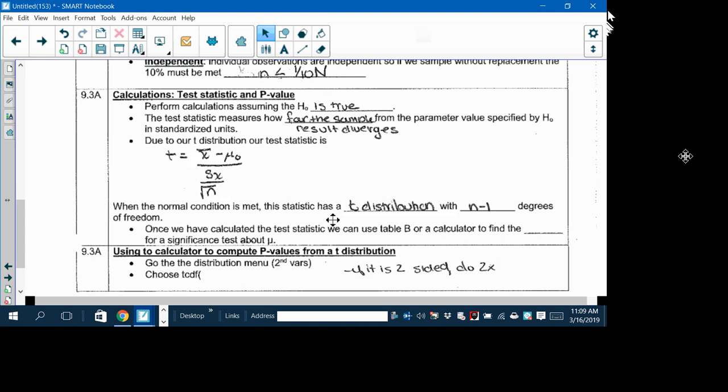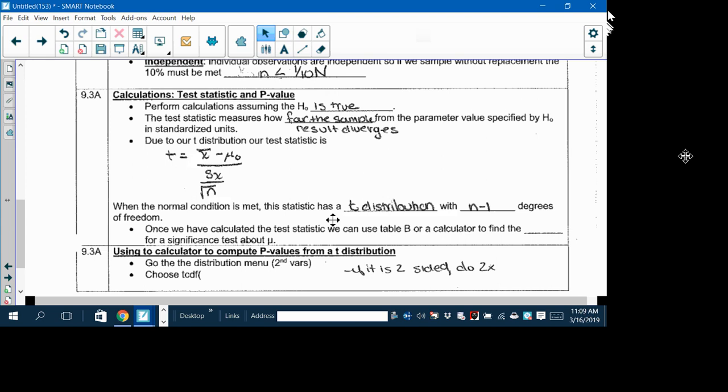Because the population standard deviation is usually unknown, we use the sample standard deviation in its place. And the resulting test statistic has a standard error of the sample mean in the denominator, okay?